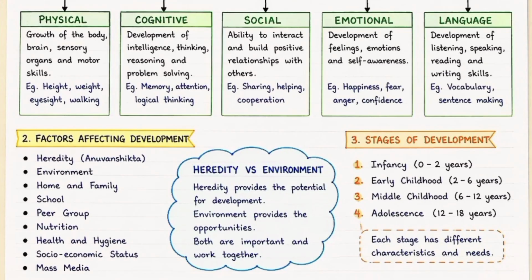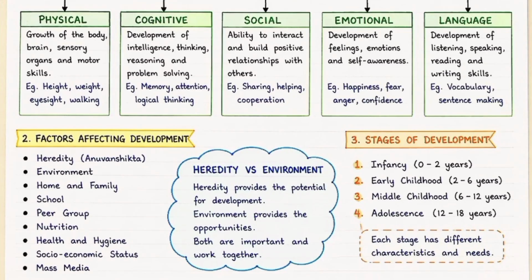In cognitive development, we will see development of intelligence, thinking, reasoning, problem solving, for example, memory, attention, logical thinking, etc. And in the social domain, ability to interact and build positive relationships with others in our environment. Example, sharing, helping, cooperation, etc. Now we will see the emotional development. Emotional development means feelings, emotions, and self-awareness.